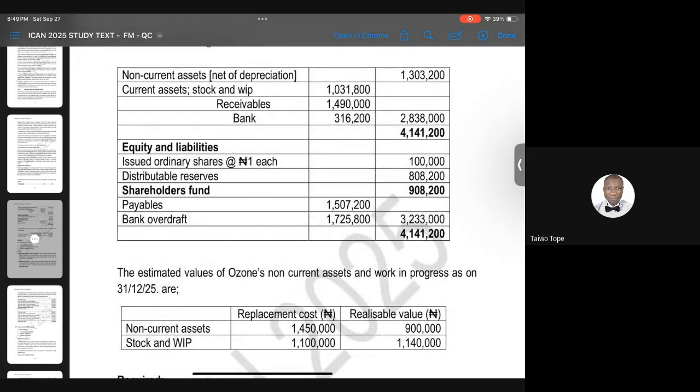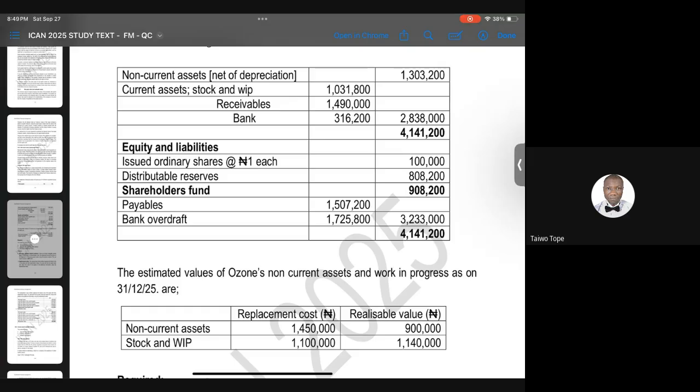So if you look at the question, you see they gave us two options: replacement cost, realizable value. This realizable value is telling you that the value of this non-current asset as at today will be 900. The value of stock and work in progress as at today will be 1,140,000. Now, when you are to look at replacement cost, it means that if you want to replace your non-current asset as at today, it will no longer be 1,303,200.